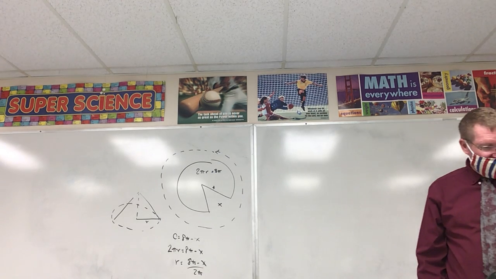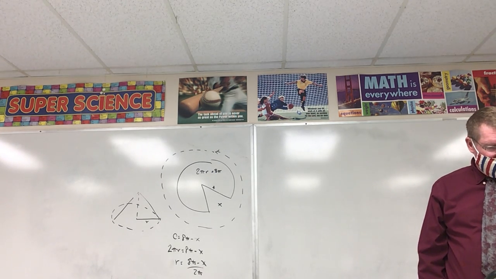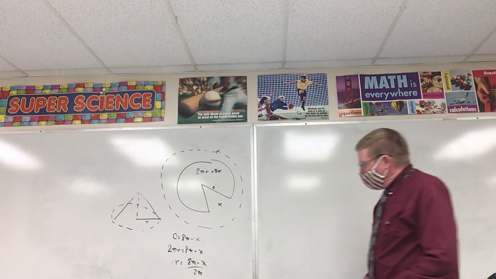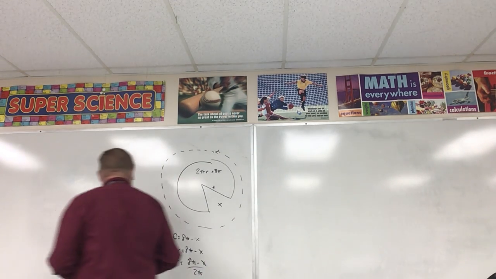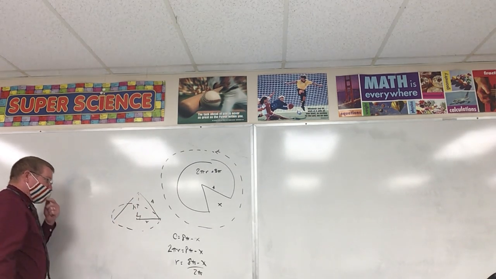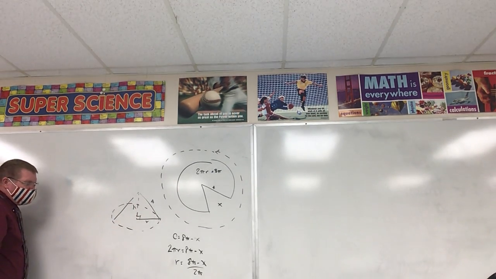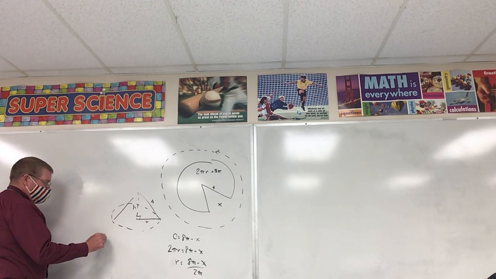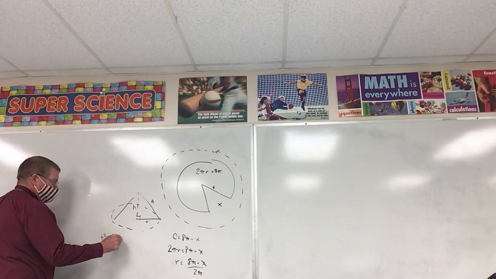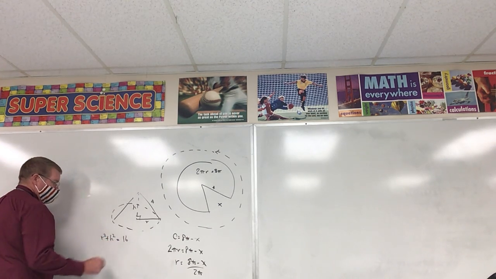Express the height h as a function of x. So if this is r, this is h, and I know this is 4, I have a right triangle, which states what? r squared plus h squared equals 16.